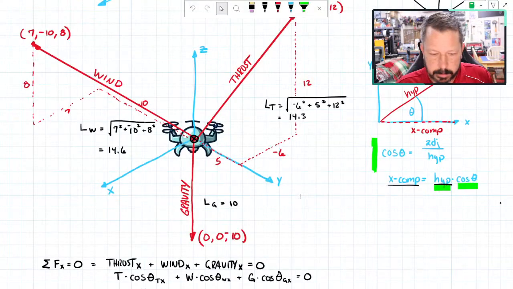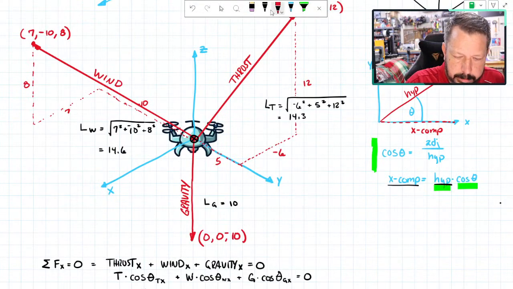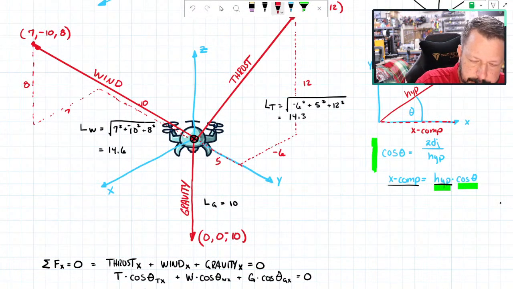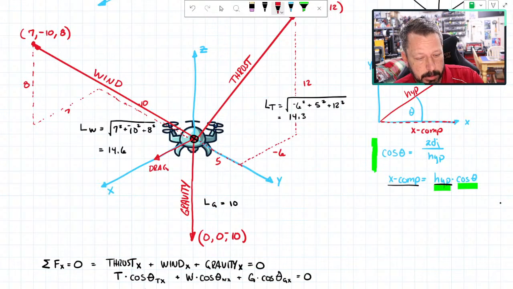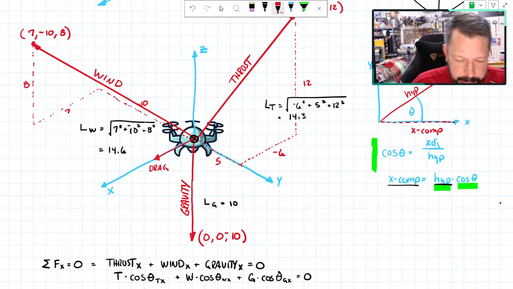And let's add just in the negative x direction. Oh, wait, no. Thrust is going that way. Let's add drag this way, in the positive x direction. That'll be drag. And somehow we have a dragometer that tells us what this value is.